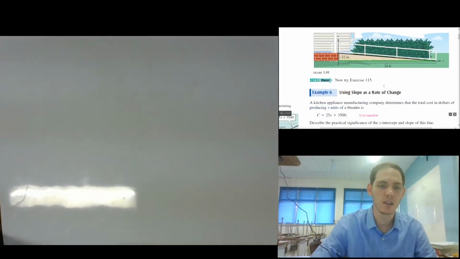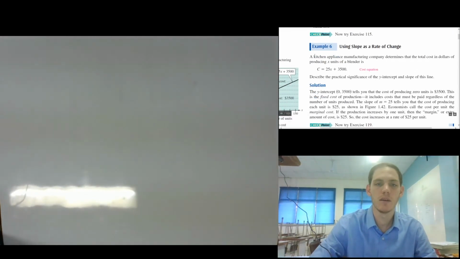The vertical is 22, which is the rise. Horizontal is 288. So 22 over 288 is 0.076. Now, they said it needs to be a slope of 1/12 at a maximum. So 1/12 is 0.08. This is less than that, so we're fine. This is a fine slope.